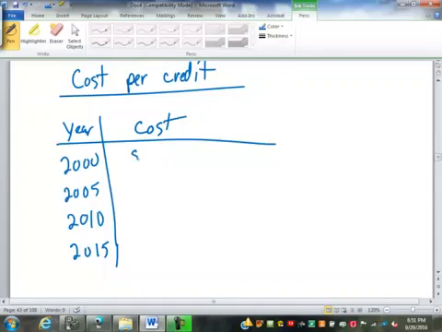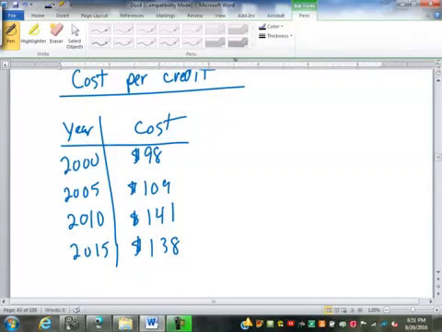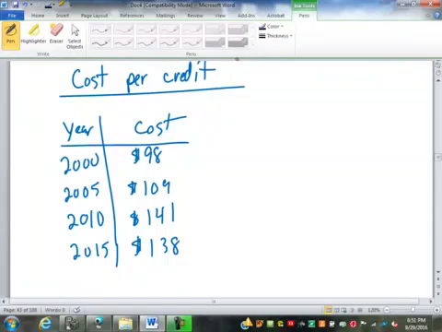Let's see, in 2000, it was $98 a credit. 2005, it was 109. 2010, let's say it went up to 141. 2015, it dropped to 138. They're not too far off. There was a year in there where it dropped, I can't remember, it was like 2013 or 2012, it actually did drop a couple bucks a credit.